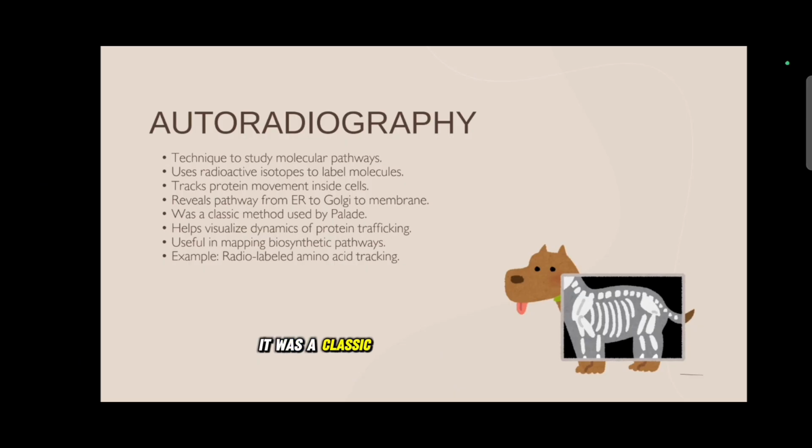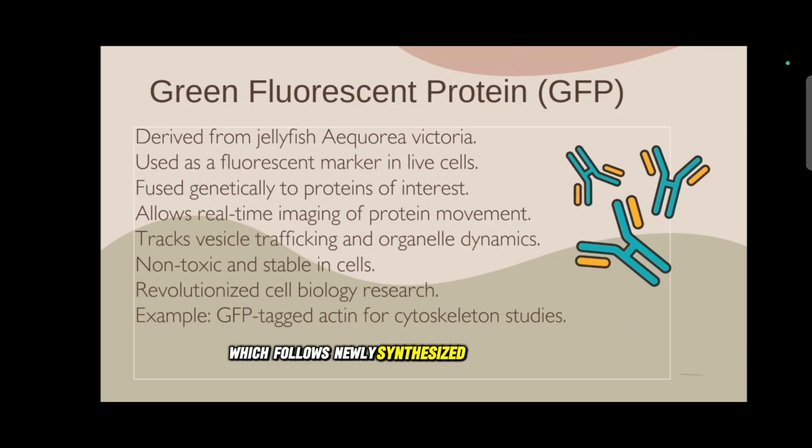It was a classic method used by researchers like Palade. Autoradiography helps visualize the dynamics of protein trafficking, showing how proteins move within the cell. It is particularly useful for mapping biosynthetic pathways.